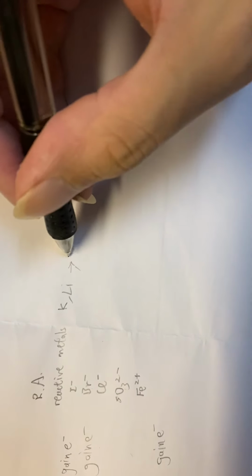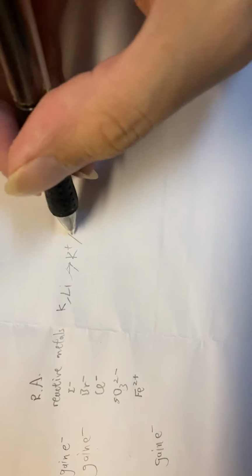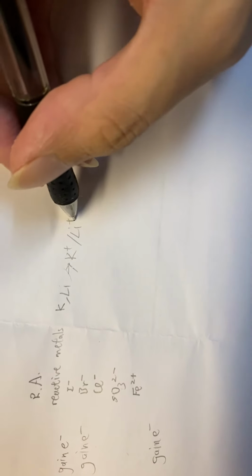And then for the reducing agent part, most reactive metals are reducing agents. Let's say potassium or lithium: they are willing to lose electrons and become K+ or lithium ion by losing one electron. This electron cannot naturally exist alone.